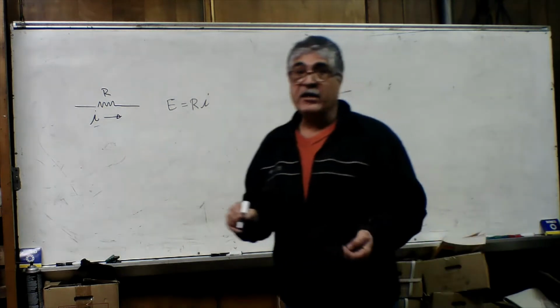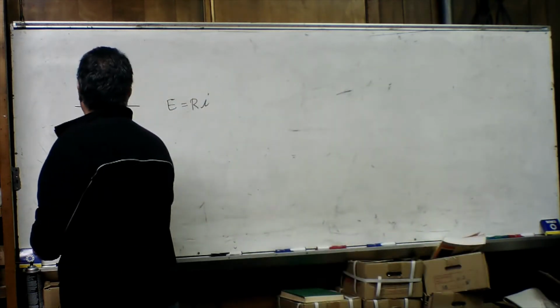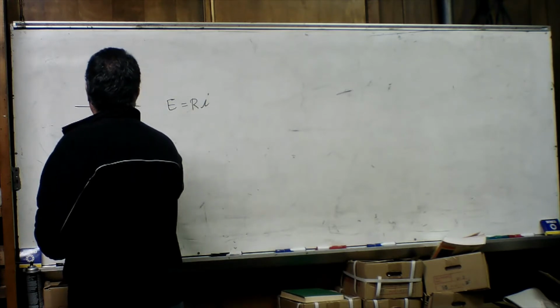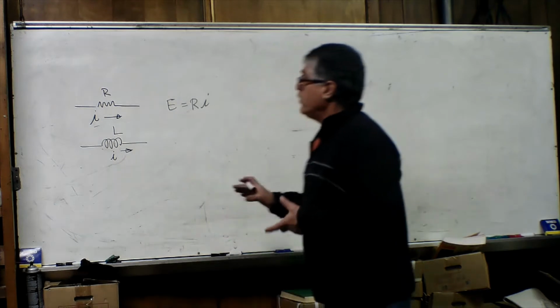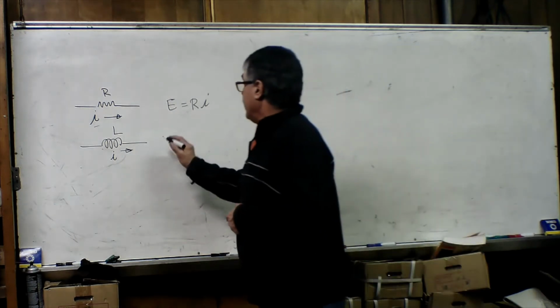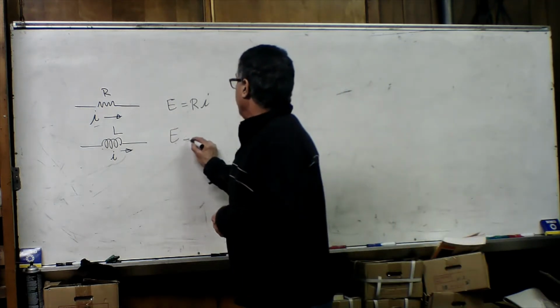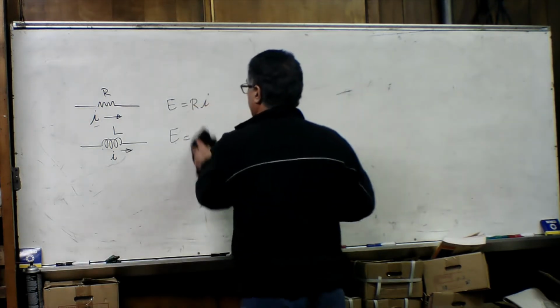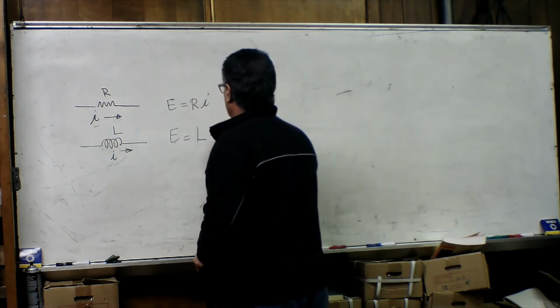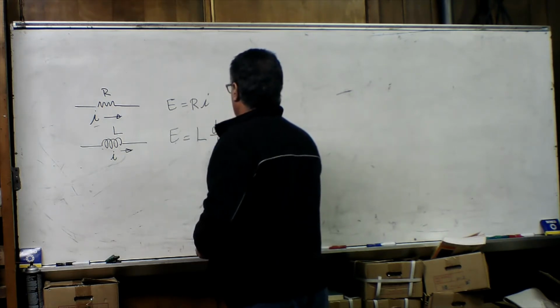And in an inductance, the voltage across that inductance will be L, the inductance, multiplied by di dt.